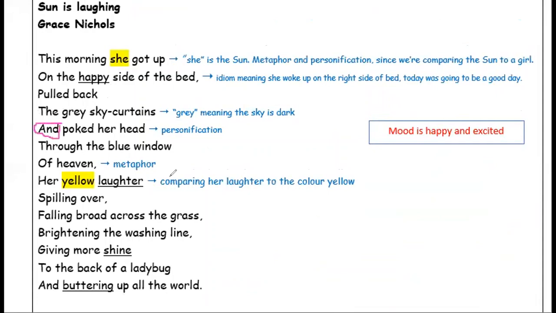When we use conjunctions, we allow our writing to flow and make sense, right? Through the blue window of heaven. Through could also be a conjunction. A yellow laughter spilling over. And if you guys notice any other conjunctions, just let me know.